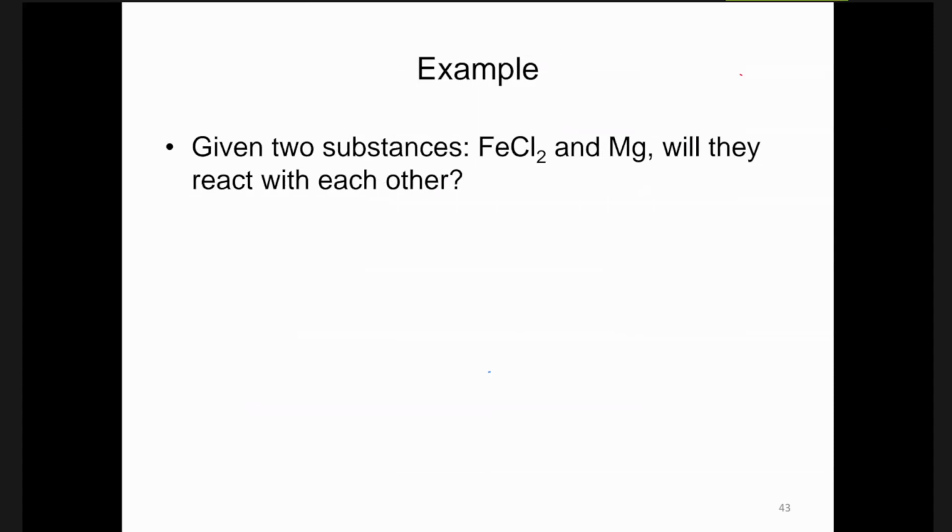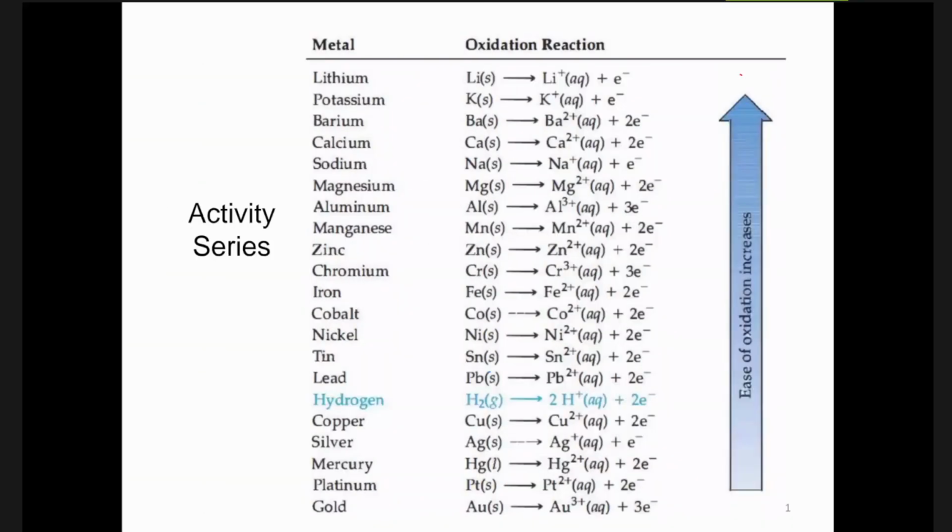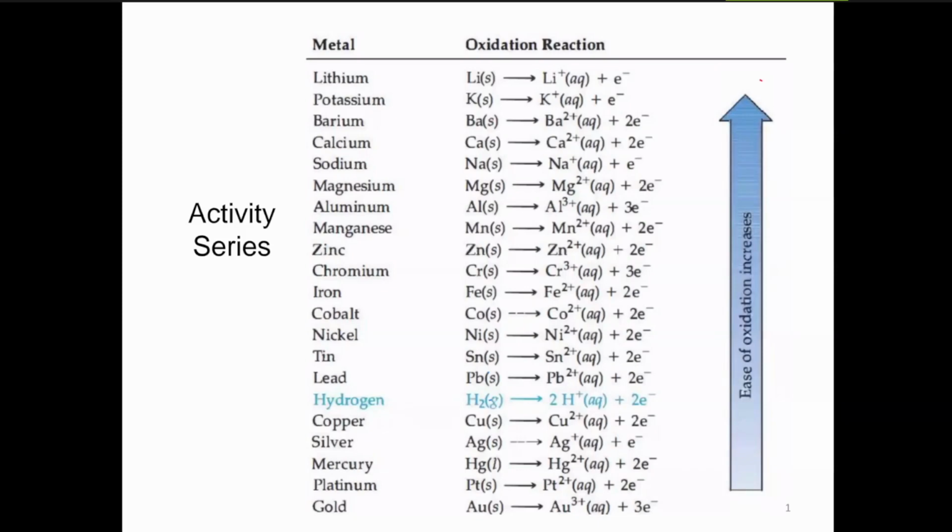Now if you are given two compounds, iron chloride and magnesium, and asked what happens when they react with each other, to answer the question you need to look at the chemical activity series. So let's say you have magnesium here in the activity series, and you have an iron compound here, okay?